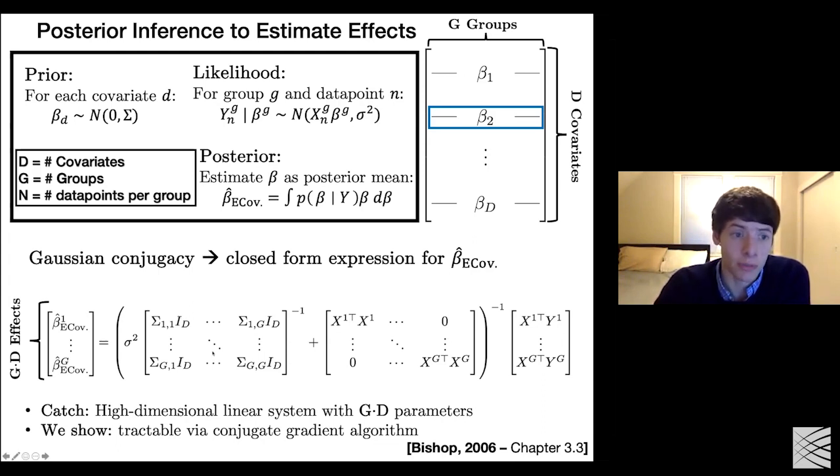So in the G equals 1 case, we just have the first entry here. All of these are going to be non-existent. And then the sigma 1 is just directly going to be equivalent to 1 over lambda in your ridge regression, appropriately scaled by this variance sigma.